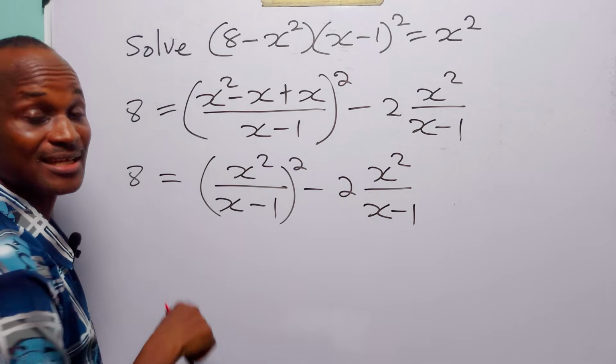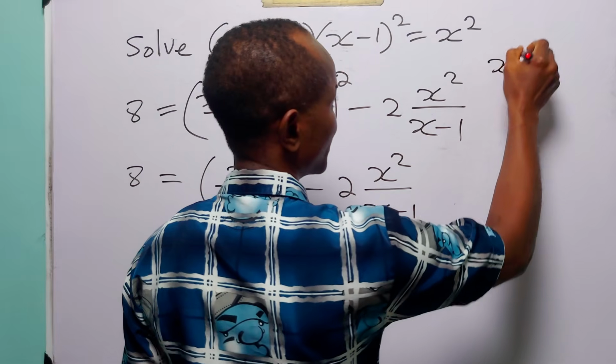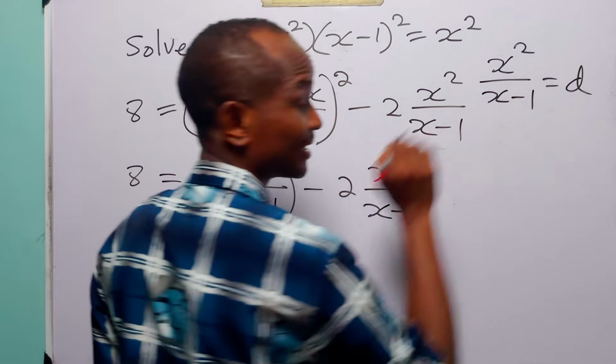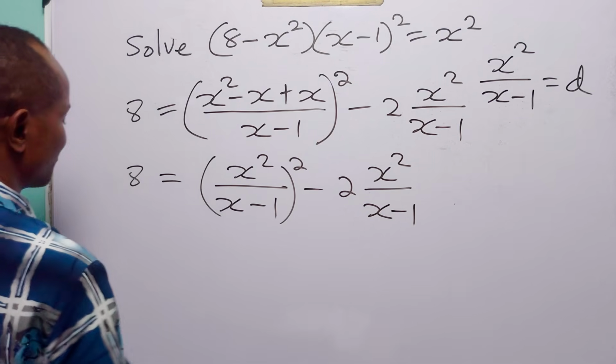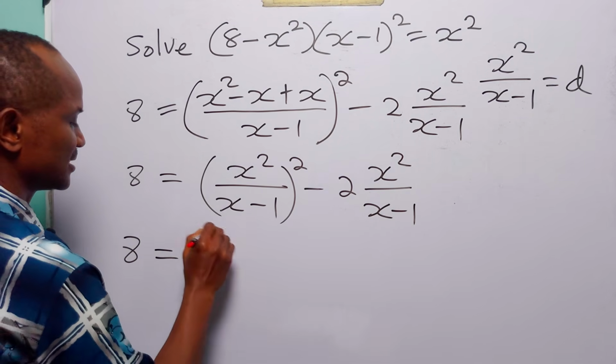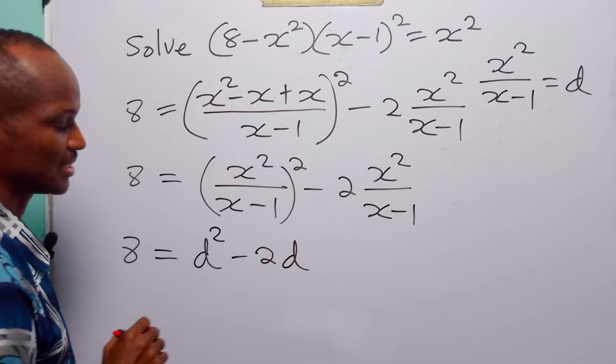So to simplify this equation, let us do a substitution. Let x² over x - 1 be equal to the letter d. Now we can write this equation as 8 is equal to d² - 2d.